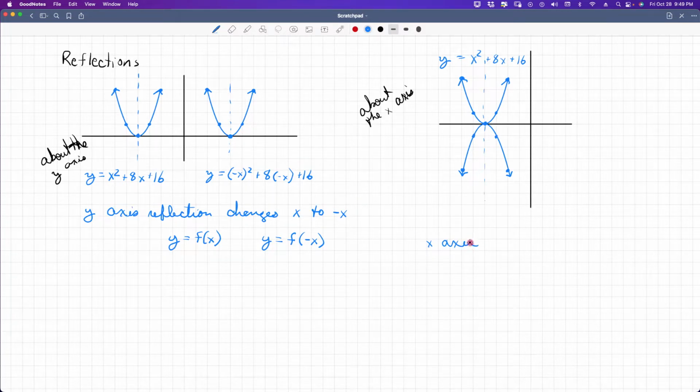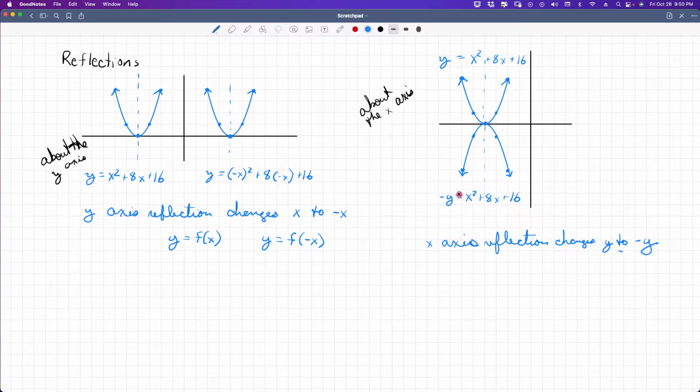When we have an x-axis reflection, it changes the y to negative y. So what happens is we get negative y is equal to x squared plus 8x plus 16.